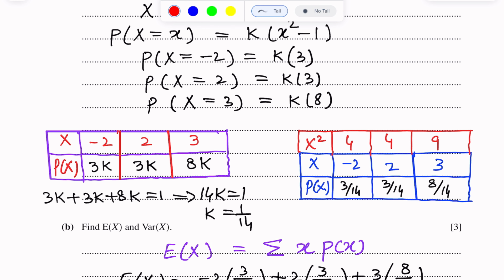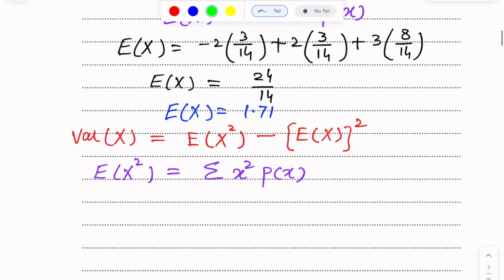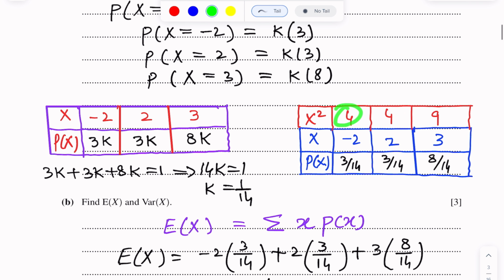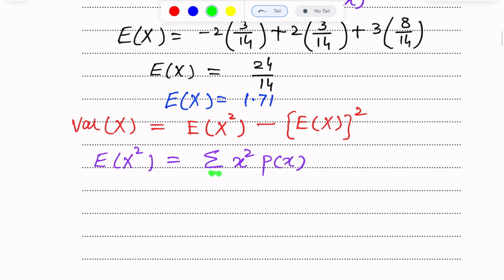Now we will multiply x square and px and find the sum. Putting here, we get 4 into 3 over 14 plus 4 into 3 over 14 plus 9 into 8 over 14.